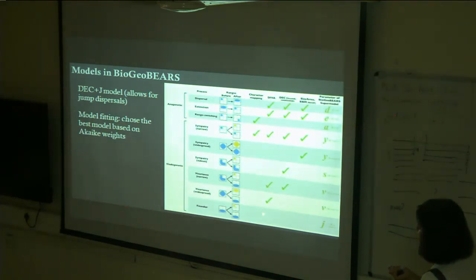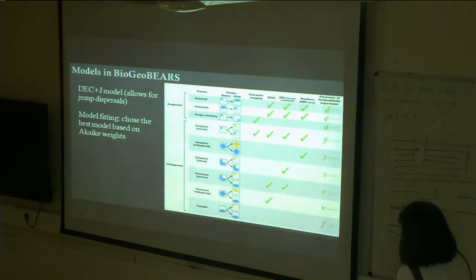It only allows for vicariance, two types of vicariance, and these three: dispersal, extinction, and narrow sympatry. Although, with blind snakes, sympatry really doesn't play a role. Even if I had used DIVA, I might have gotten the same results.